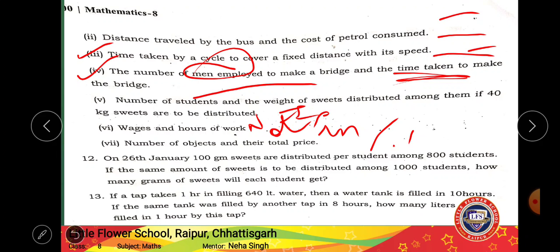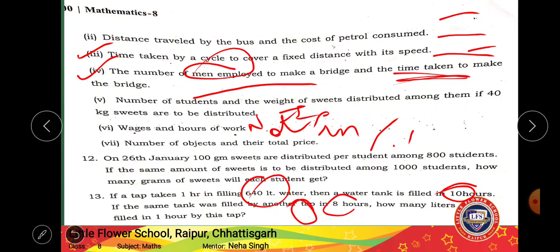A tap takes 1 hour in filling 640 liters. Then a water tank is filled in 10 hours. If the same tank was filled by another tap in 8 hours, how many liters will be filled in 1 hour? Right? So 640 liters is filled in 10 hours.